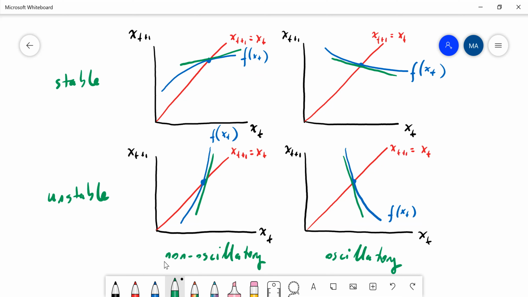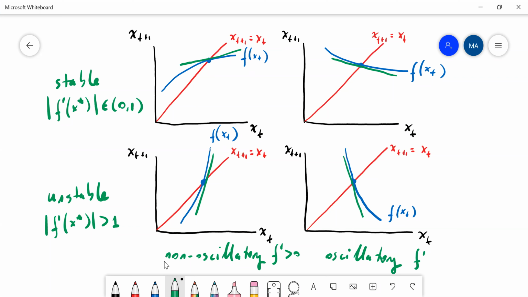So this is about whether the slope at that steady state is between 0 and 1, and here whether it is greater than 1. For oscillatory versus non-oscillatory, here we have the derivative positive, here the derivative negative.